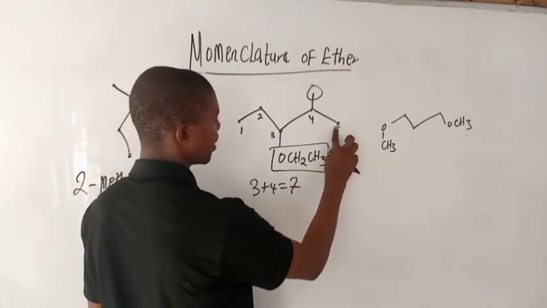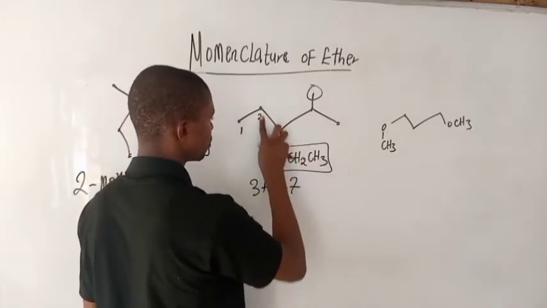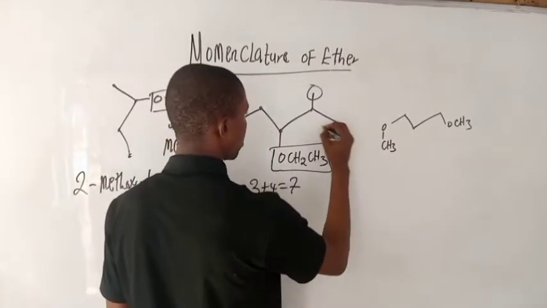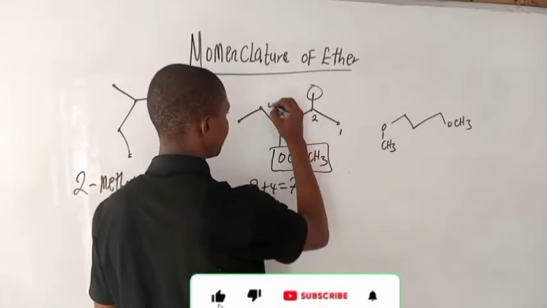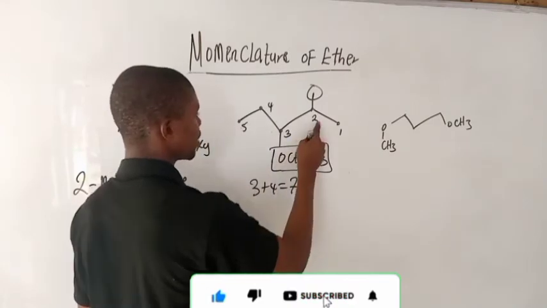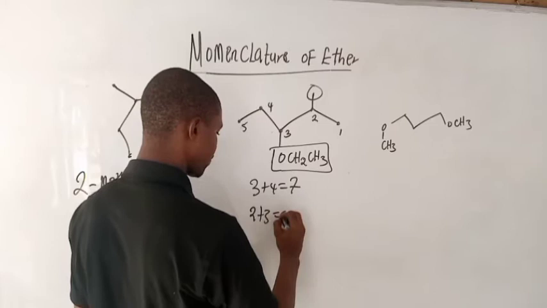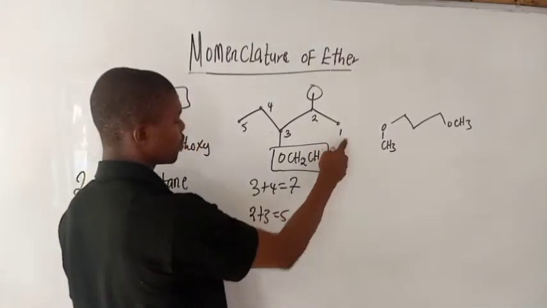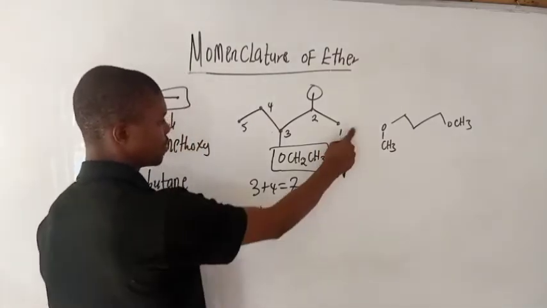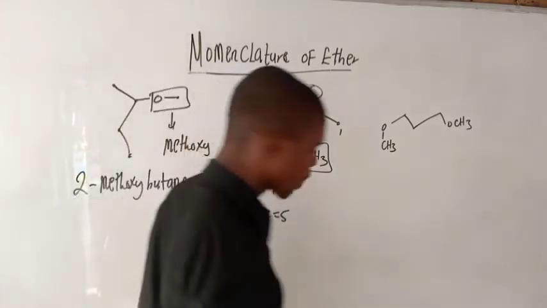But if I start my number from here, 1, 2, 3, 4, 5, the substituents are on carbon number 2 and carbon number 3. 2 plus 3 gives me 5. My number is going to be the one that is the lowest, so this will be my correct number.